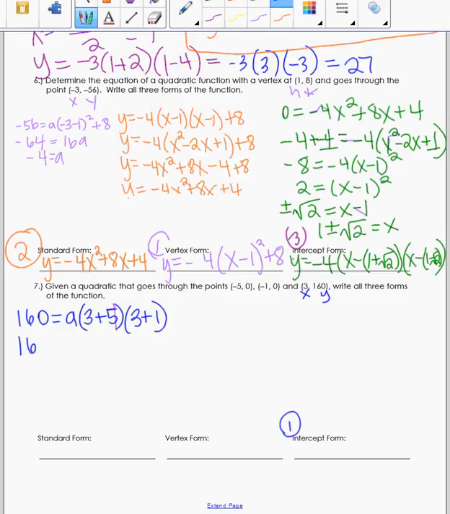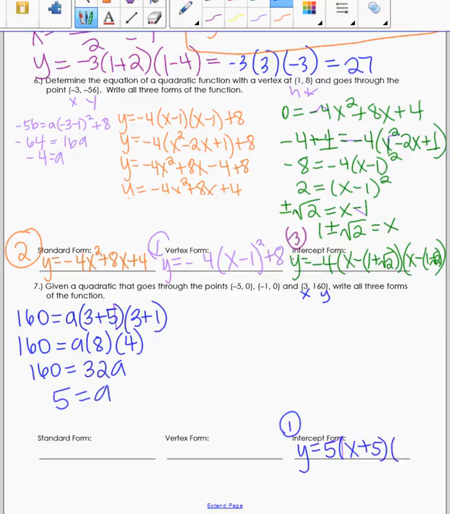So 160 equals a times 8 times 4. So you end up with 160 equals 32a when you multiply that all out. When you divide by 32, you get 5. So your intercept form is y equals 5 times x minus negative 5, so x plus 5, and then x minus negative 1, so x plus 1.